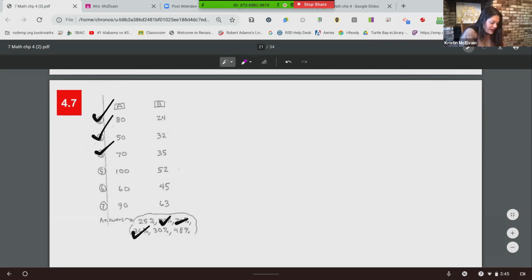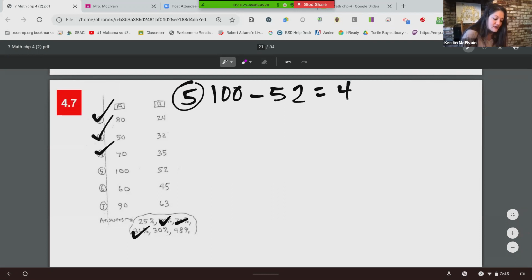Number 5, we have a 100. Oh, this one here. I guess I'll show my work, but hopefully you'll see the easy percentage of it as well. All right, so number 5, we have a 100 fluid ounce container, and we spilled 52, which leaves us 48. What percentage is 48?